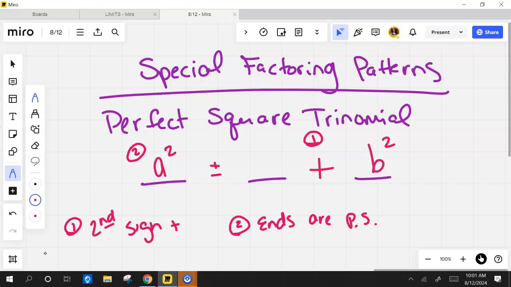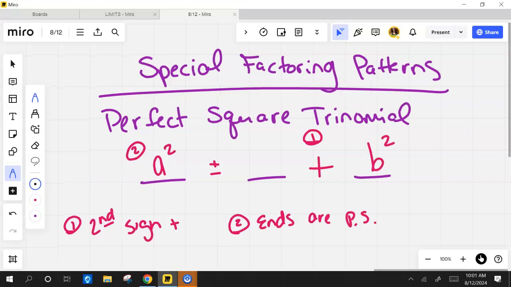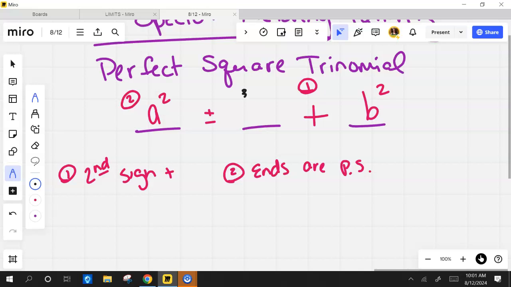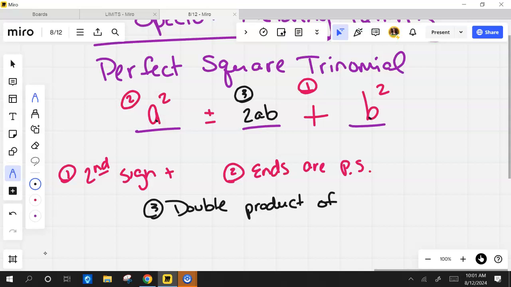The middle of my trinomial, this is my third check, is it a perfect square trinomial, has to be: take the square roots of the ends, so A and B, multiply and double them. 2 times A times B. So it's double the product of the square roots of the ends.